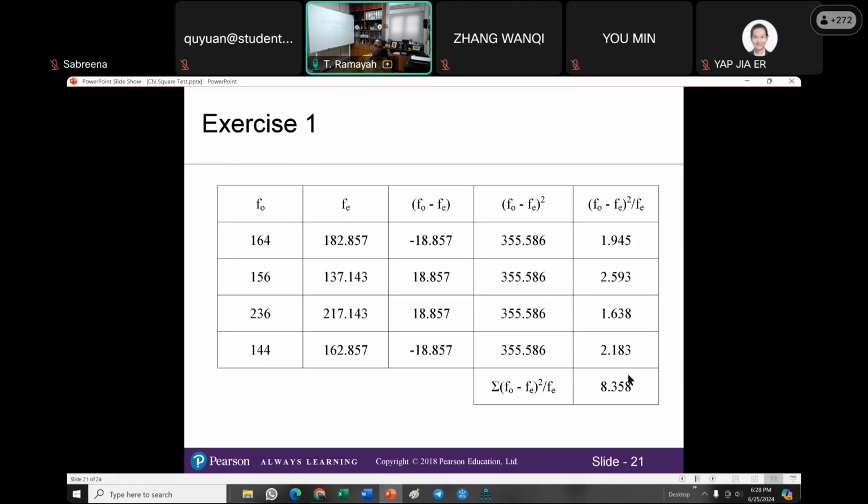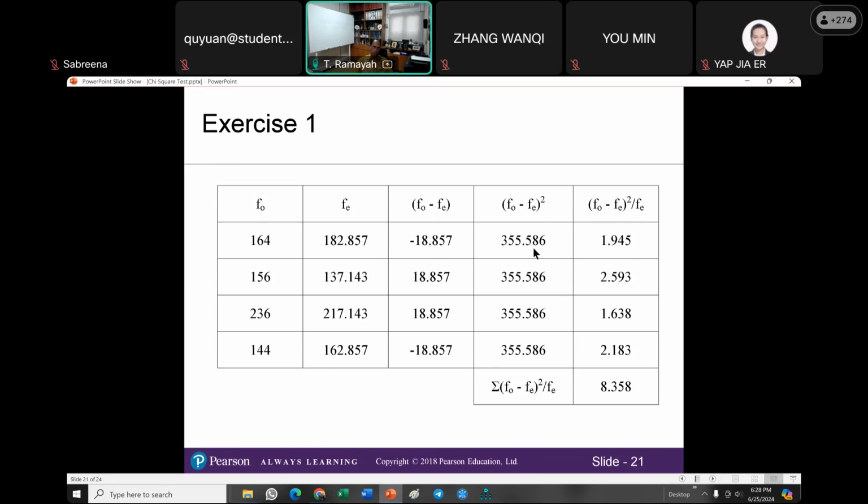So these are the 4 numbers. FO, you have the 4 numbers, FE, the 4 numbers, and then we take FO minus FE, we get the difference. This column is taking the previous column squared, which is FO minus FE squared.